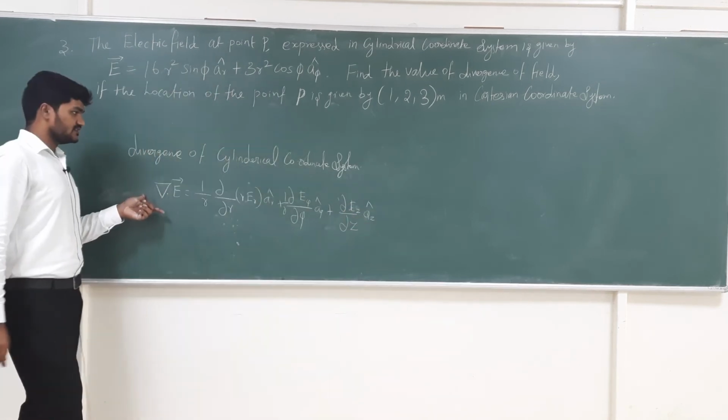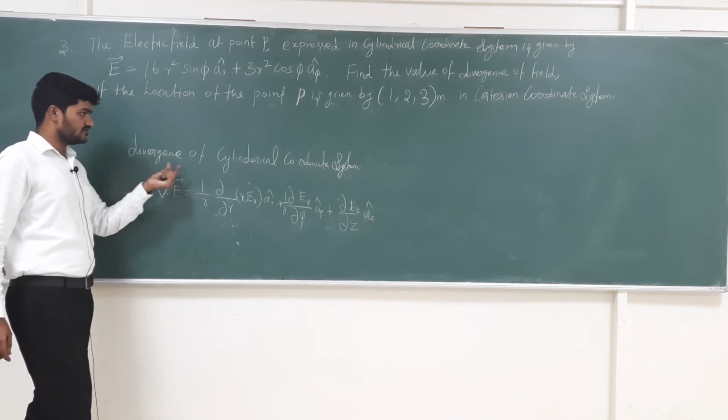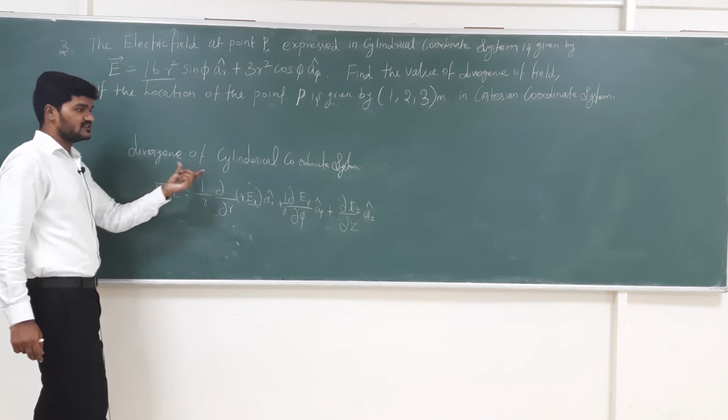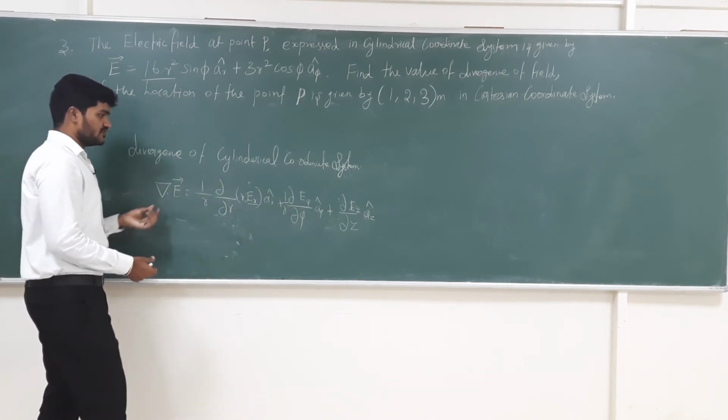Okay, this is the formula for divergence in the cylindrical coordinate system. So now substitute the value of E.